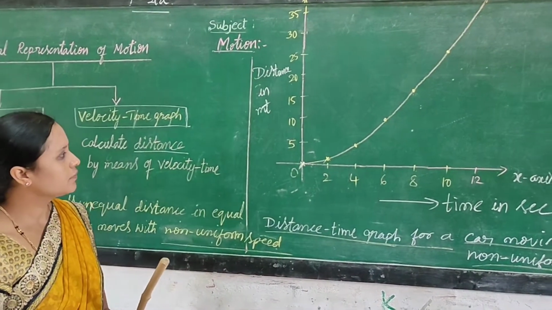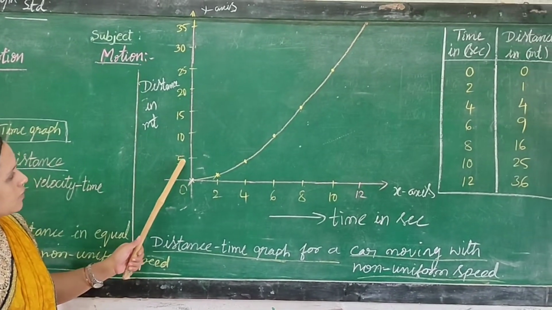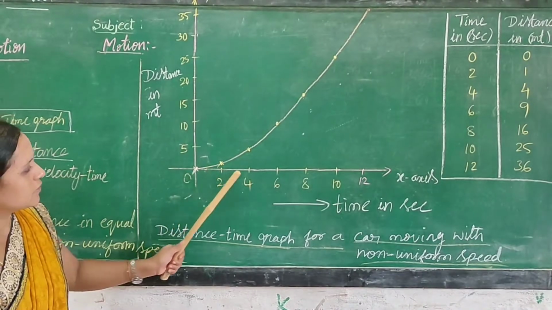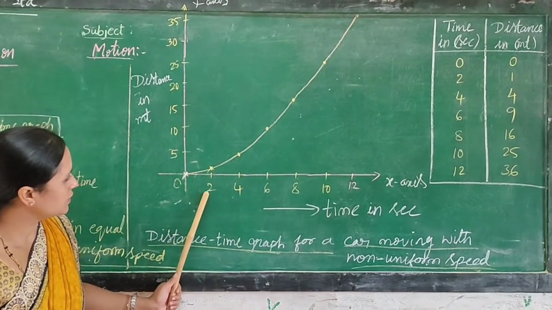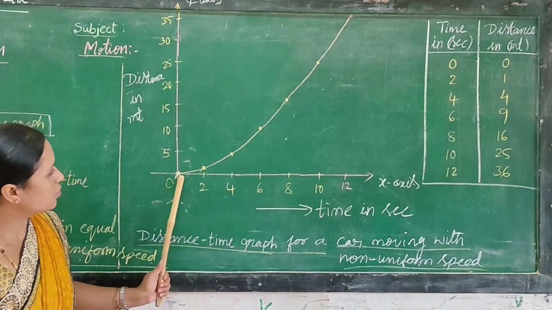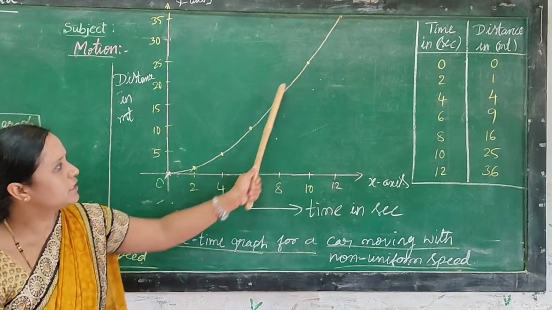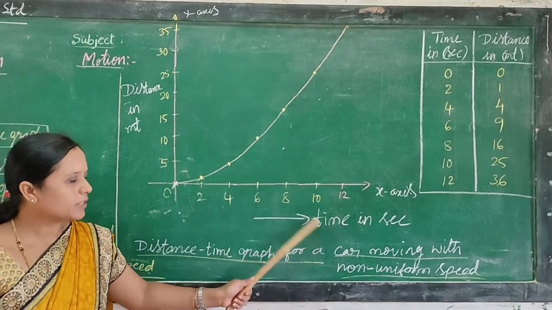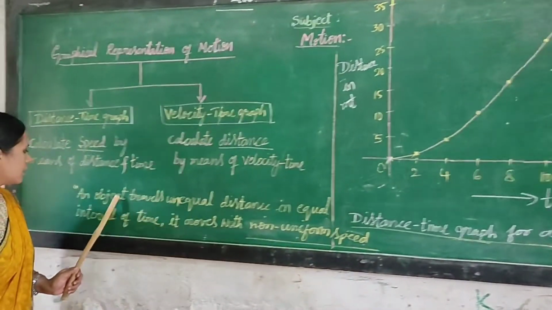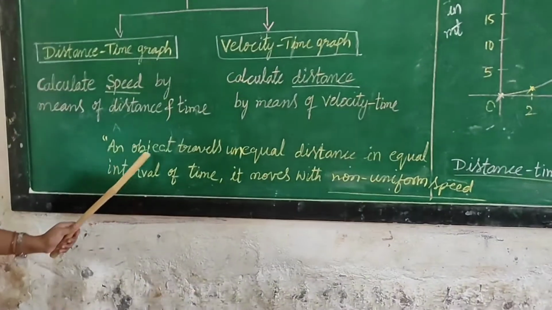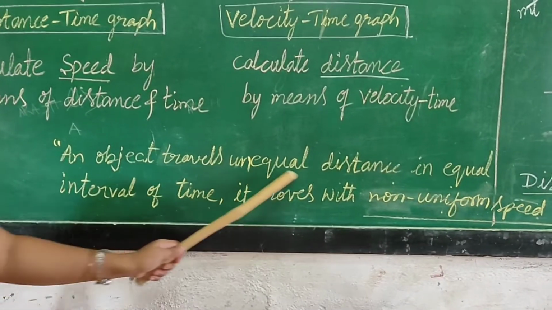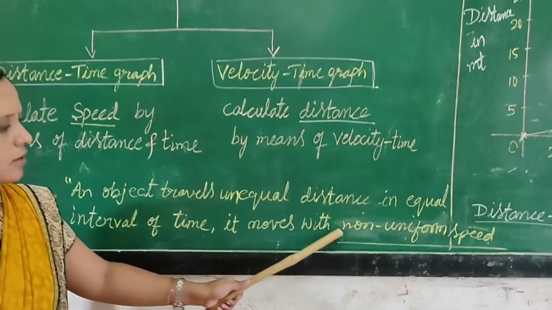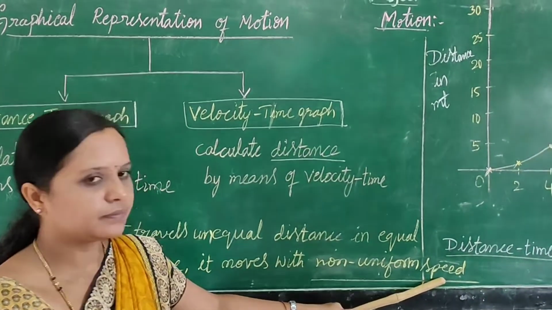A car moves unequal distances in equal intervals of time. You see, every 2 seconds the car moves various distances. That is non-uniform motion. So, coming to the conclusion, an object, or a car, travels unequal distance in equal intervals of time. It moves with non-uniform speed.